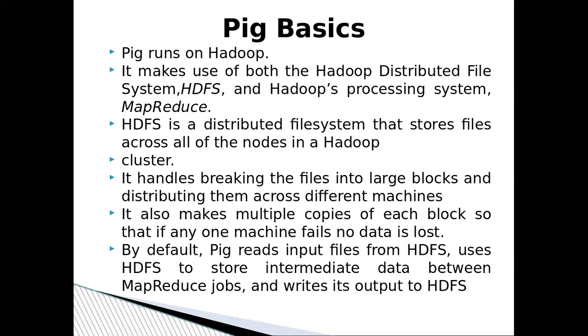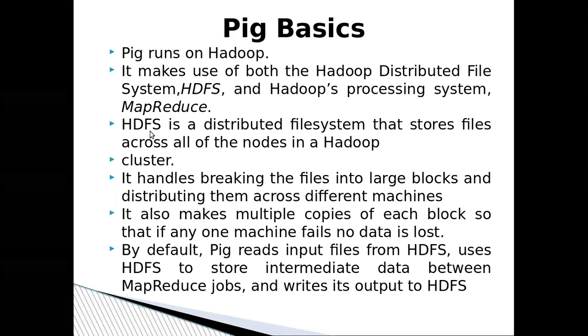Pig runs on Hadoop and uses both HDFS and MapReduce. HDFS stores the huge files which we need to analyze, and MapReduce does the analytics or the processing. Whatever we do in Pig is converted in the background into a MapReduce job, that we are all aware of, all right?